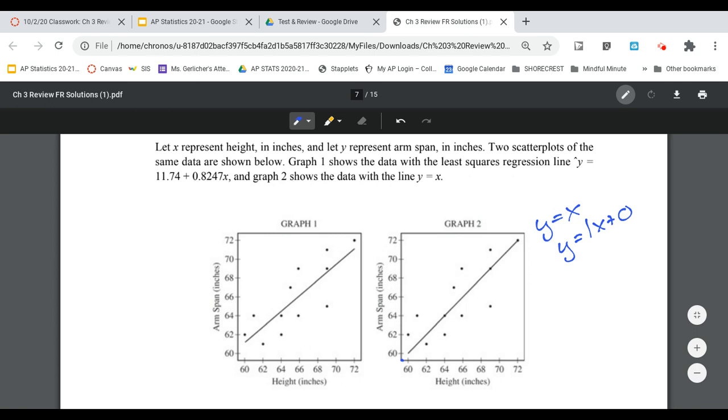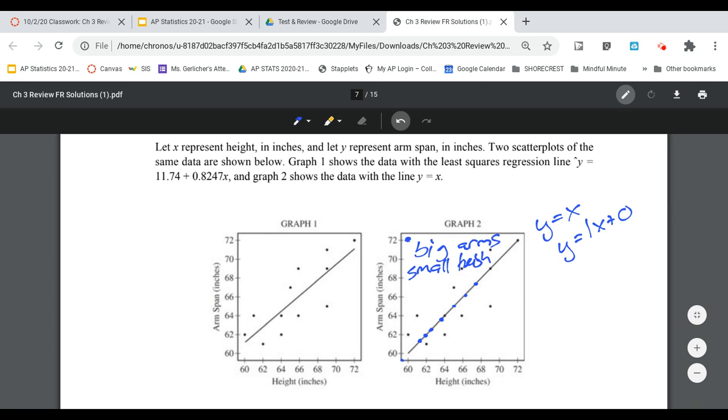What's nice about that line is anything on it is where the height and arm span are the same. They match. This point here would be 62, 62: height is 62, arm span is 62. So that's the break point between being not perfectly matched. Anything up here has big arms and small height.